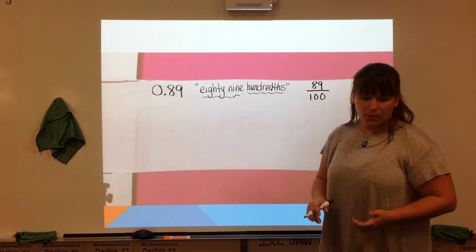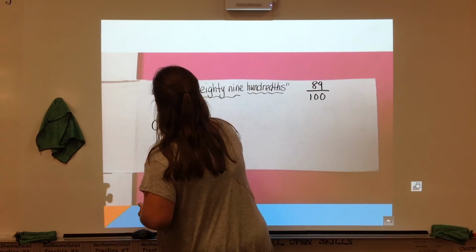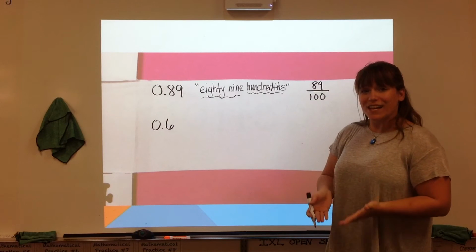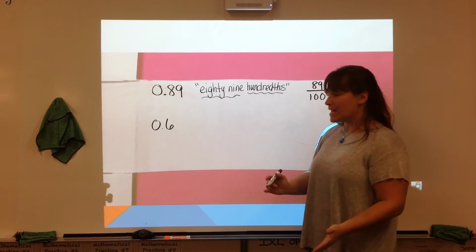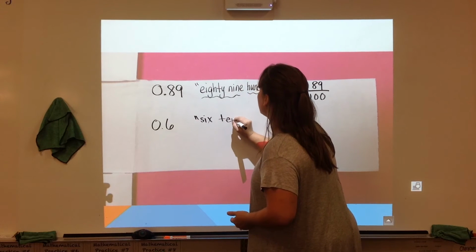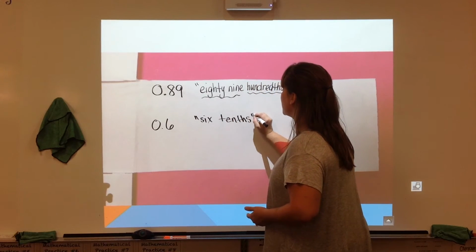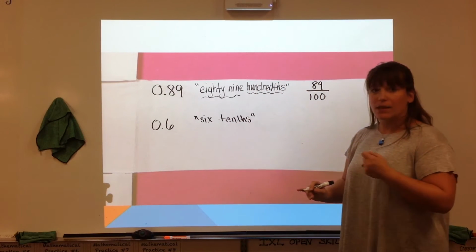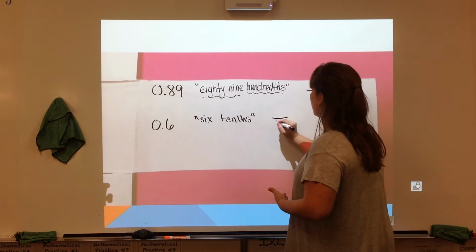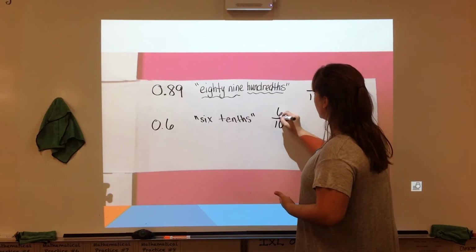Here's another example. We're going to do 0.6. How do you read that decimal? 6/10. So you're saying the digit 6, and then the place value place it's in, the tenths place. The tenths place tells you the denominator of the fraction, and then the 6 is the numerator.